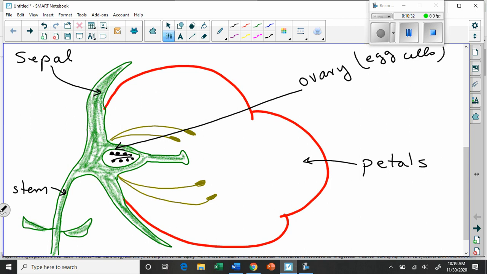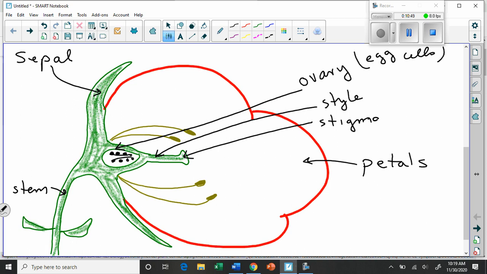The next section is sort of the middle part, right there, which is called the style. And then the very tip is called the stigma. The stigma, the style, and the ovary.